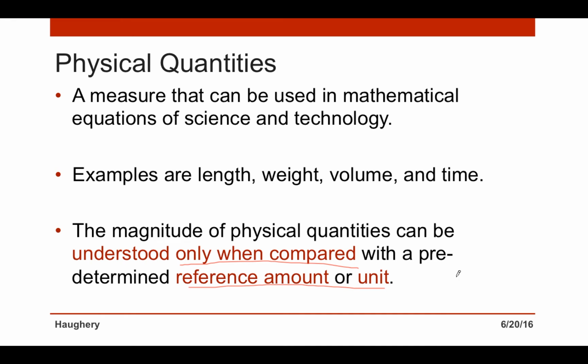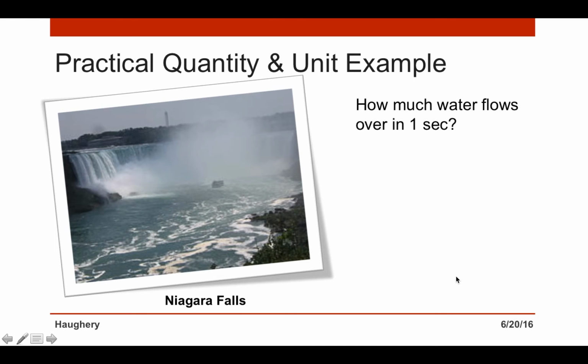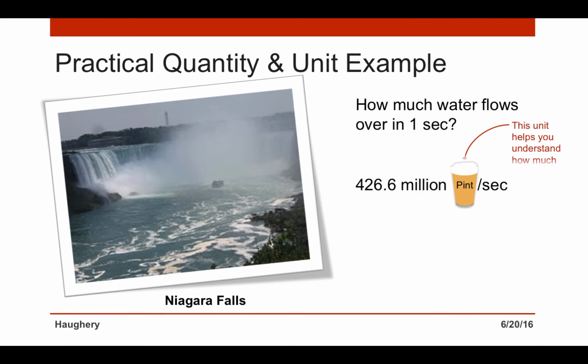So we can talk about quantities and we all have an understanding of how much we're talking about. An example is how much water flows over Niagara Falls in a second. If I told you that 426.6 million pints flow over in a second, that may be a quantity in a unit that we can at least get our minds around. We can visualize a nice cold pint of something sudsy in our hand.